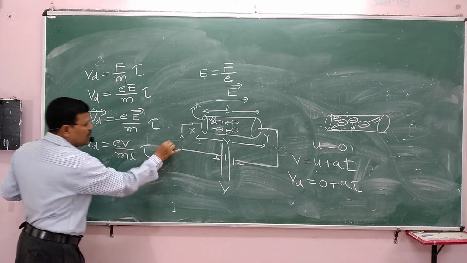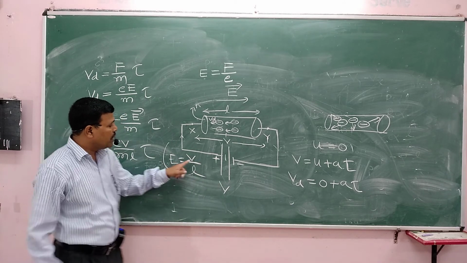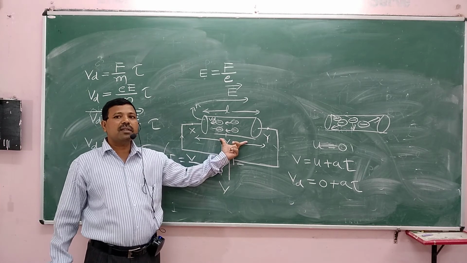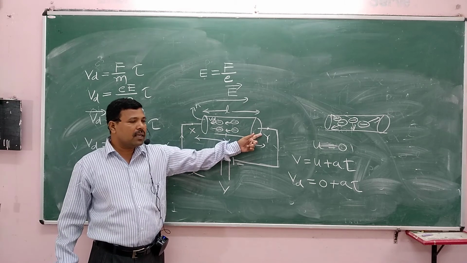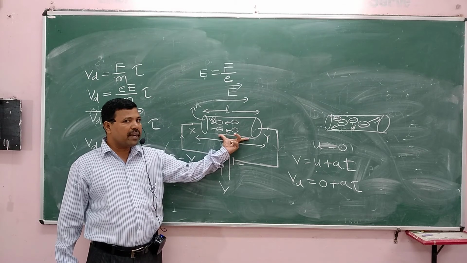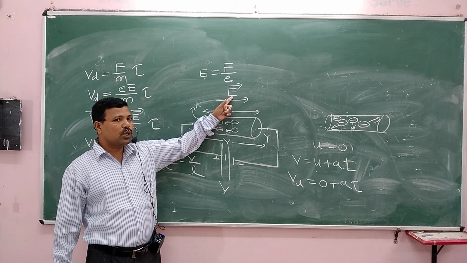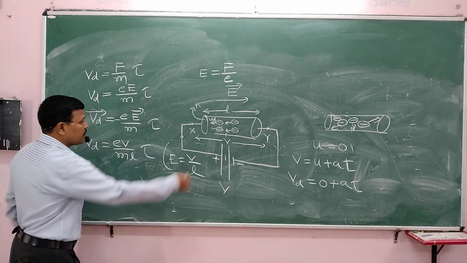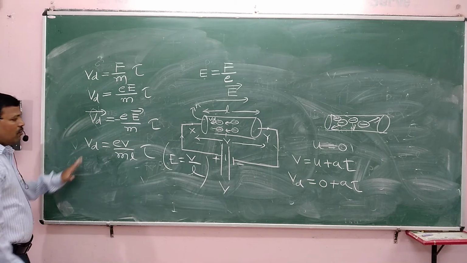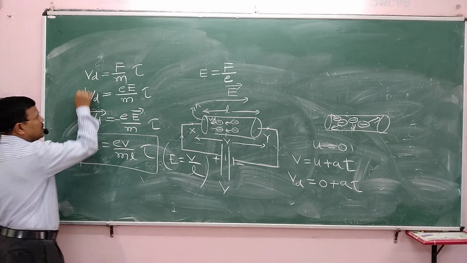What is V? V is the potential difference applied here. What is L? L is the length of the conductor. The voltage applied across the conductor divided by the length of the conductor is equal to the electric field across the conductor. So this is the equation for drift velocity.